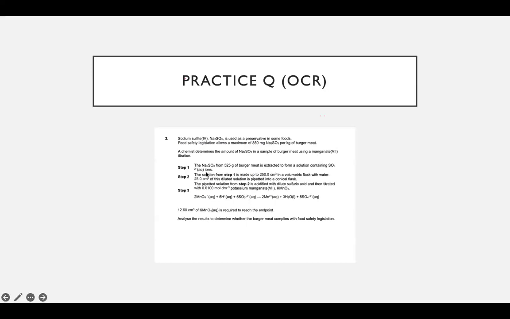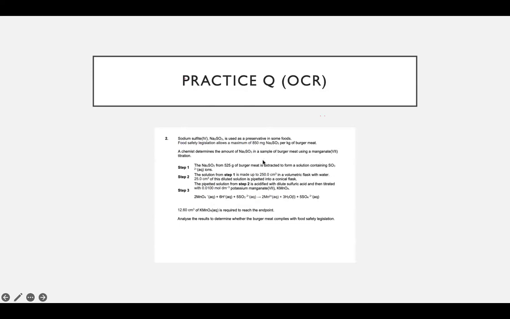Then times by 10, because this is what I was saying earlier: this is only a 25 centimeter cubed sample of a 250 centimeters cubed standard solution. So times the moles of SO3 2- by 10. And then you can work out the mass of Na2SO3.